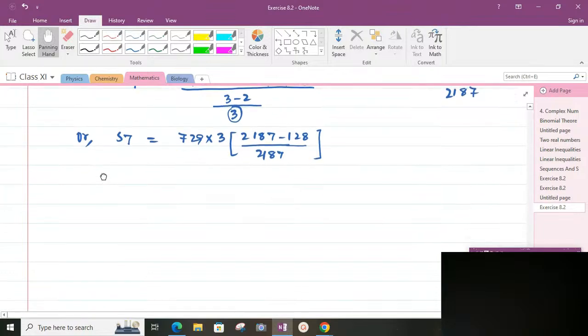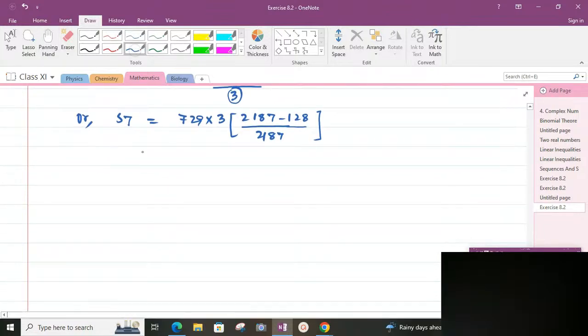So the next step here will be S7 equal to 729 into 3, and here will be carry 1, 10, then 17 minus 8 equal to 9, and here will be 7 minus 2 equal to 5, and here will be 1 minus 1 equal to 0, and here will be 2, by 2187.